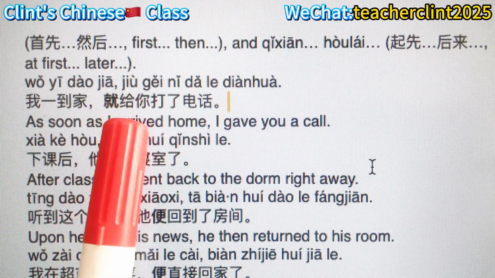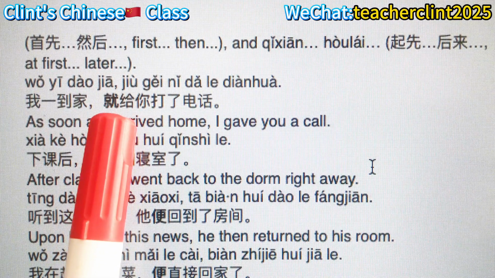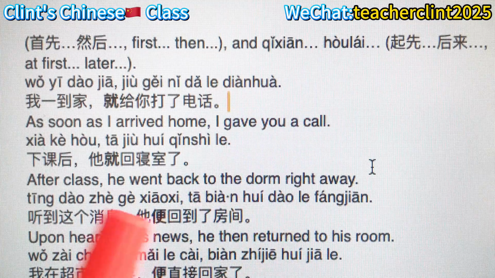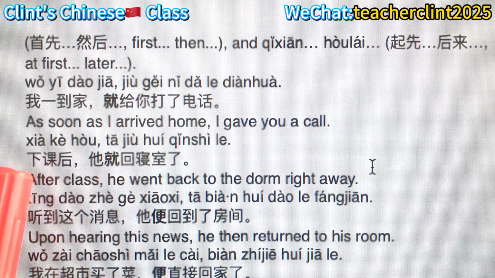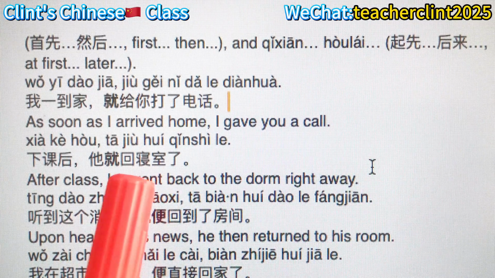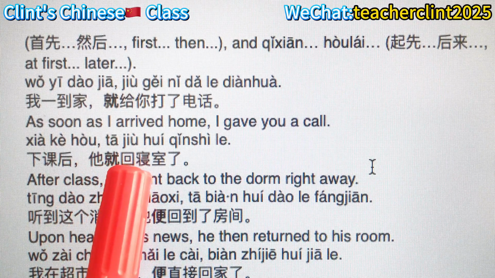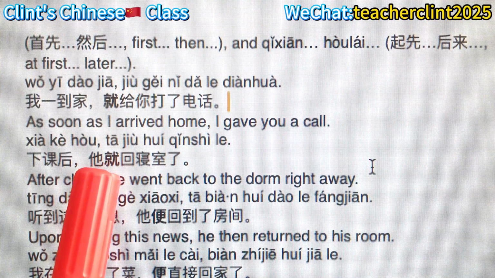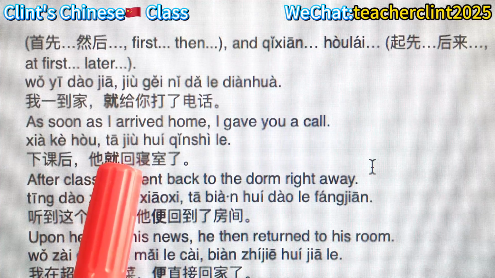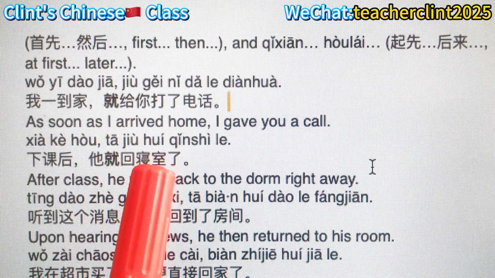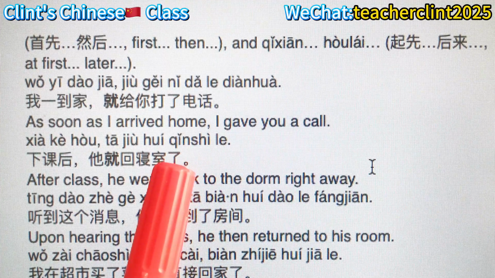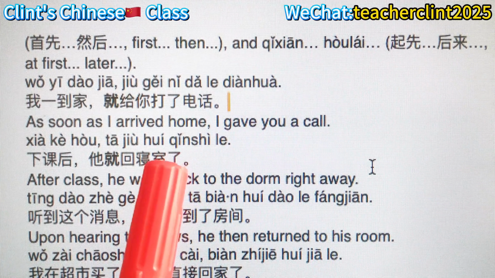Again, in the second clause, we omit the subject. And I then give you a phone call, right? After class, 下课后 he went back to the dorm right away. 他就回寝室了。he 就 then 回 return 寝室 dormitory 了 to show the completion of the action.